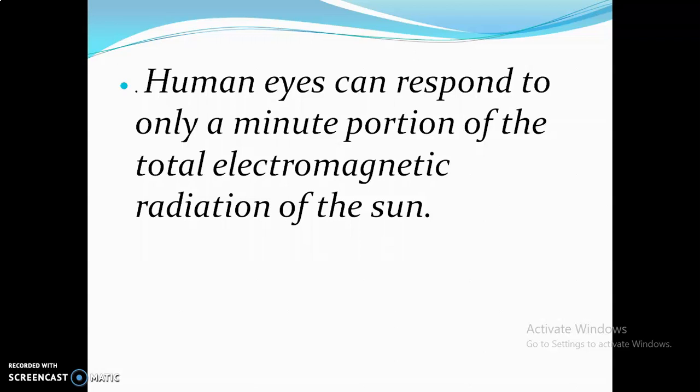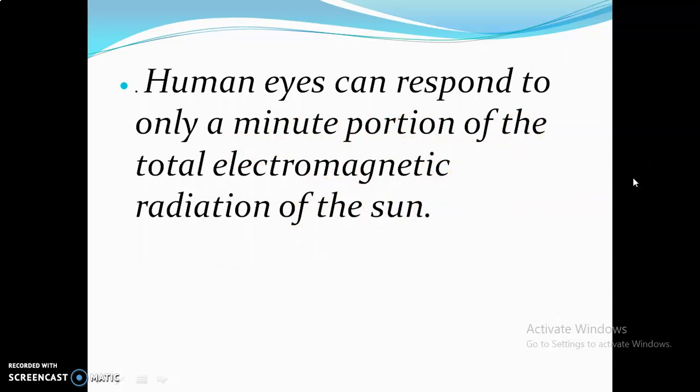Whatever the reflection or electromagnetic radiation that comes from the sun, we respond to only a minute portion of the total electromagnetic radiation of the sun.